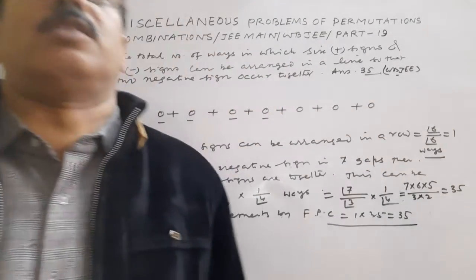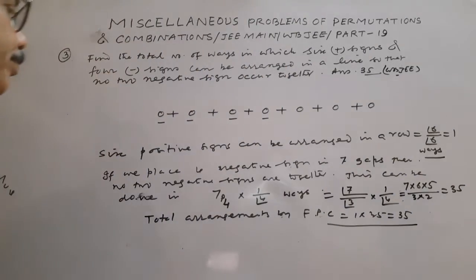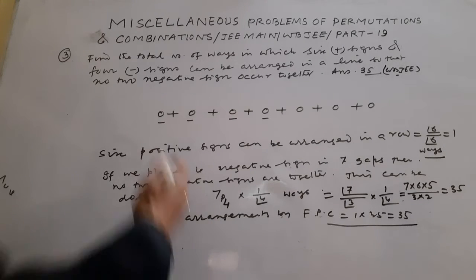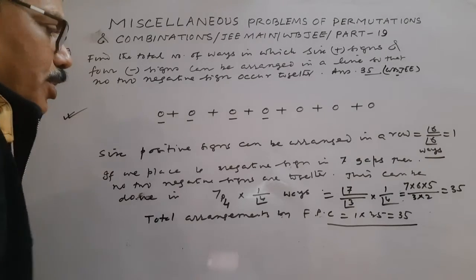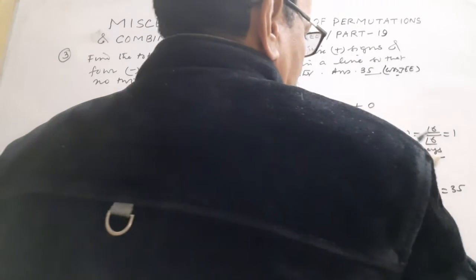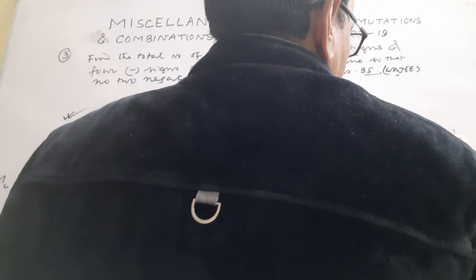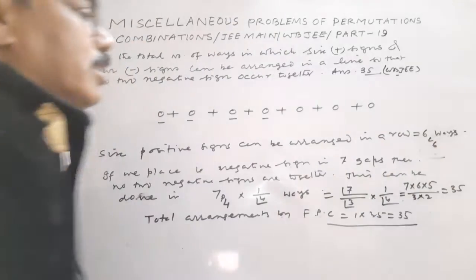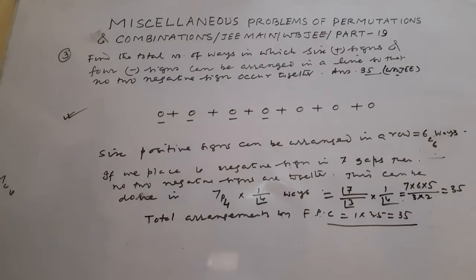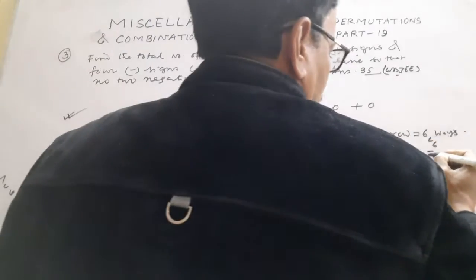So using idea of permutation. Now you can solve it by using idea of combinations. 6 positive signs can be arranged in a row in 6C6 ways. They are same. So 6C6 equals to 1.